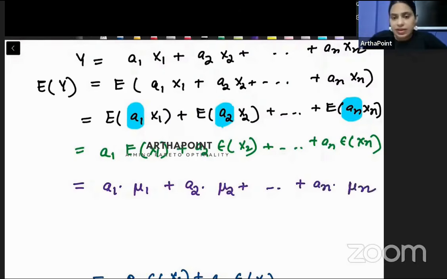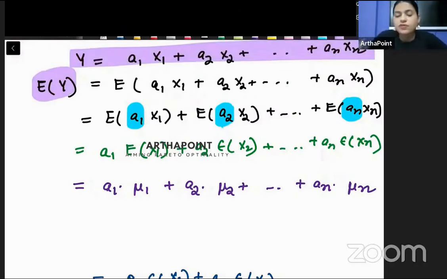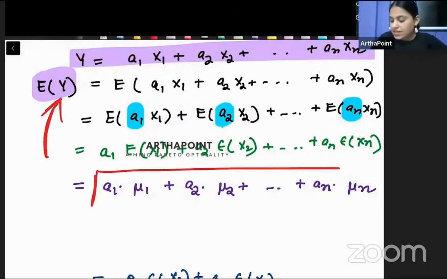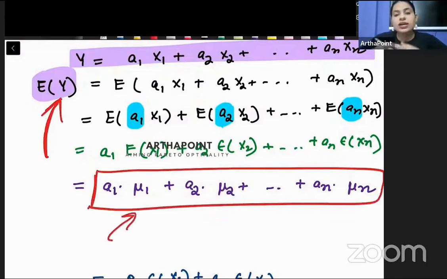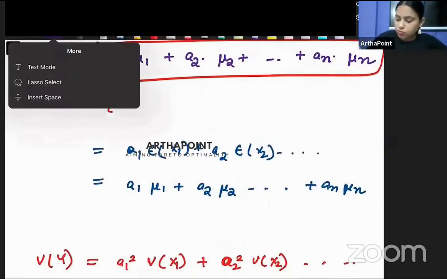तो यहां से हमें एक बहुत important property मिल गई that the expected value of y, अगर मैं y का mean निकालने की कोशिश करूं, remember y is a linear combination of x, y x's का linear combination है और अगर हम y का mean निकालते हैं तो वो x's के जो means हैं उनका linear combination होगा. It will be a linear combination of the means of these random variables. Right? Clear? So I will just jot this down property for you.